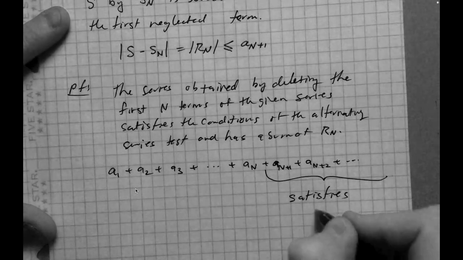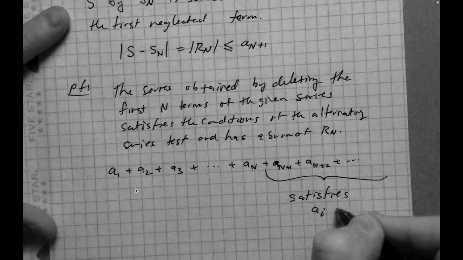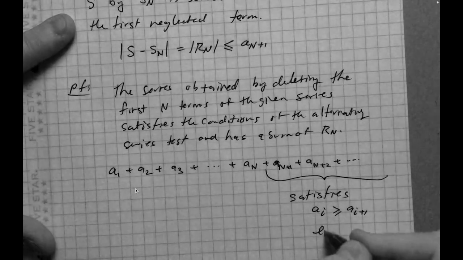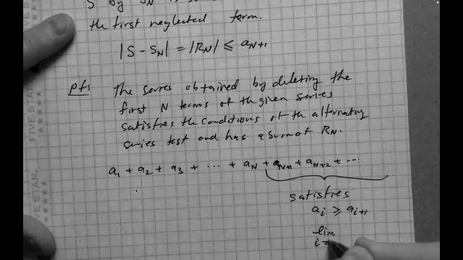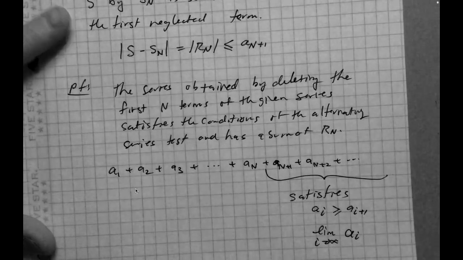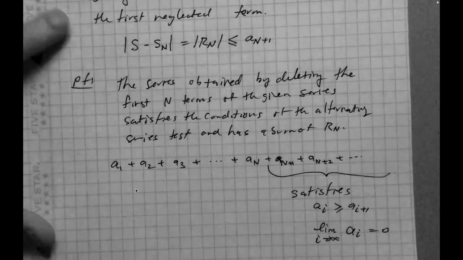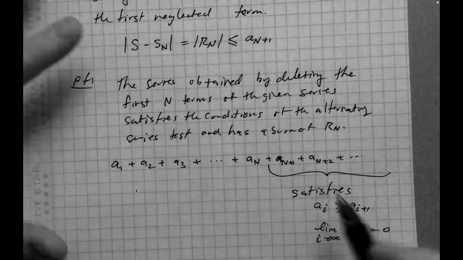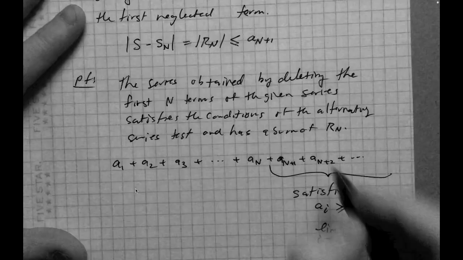So it satisfies the condition that a_i is greater than or equal to a_{i+1}, and that the limit as i goes to infinity of a_i is 0, right? So those are the two conditions. Okay, so that's true. And then we just call this R_n.